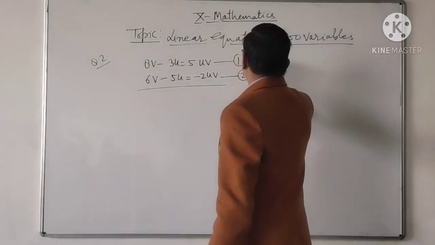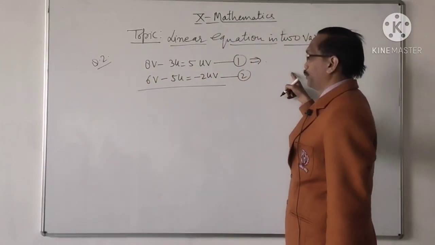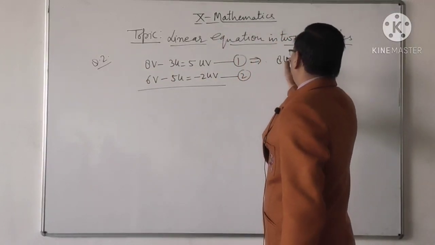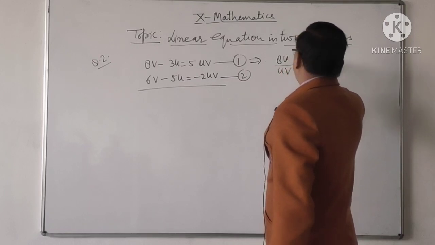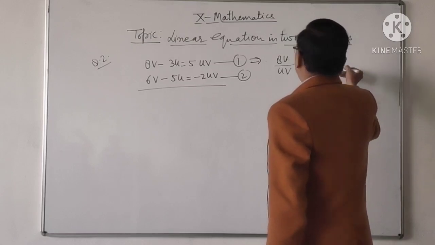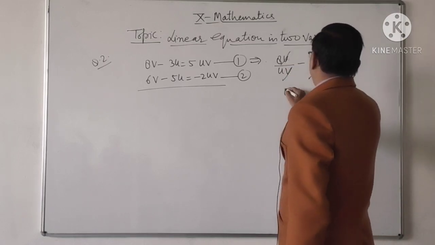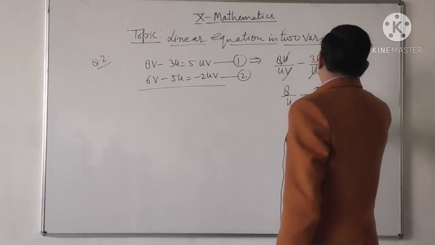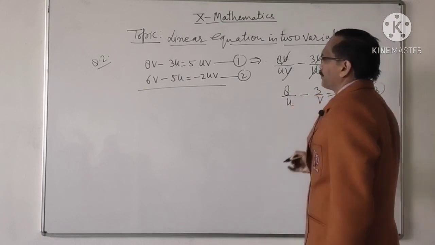There is one method. We can divide the whole equation by uv. Then it is 8v upon uv minus 3u upon uv equal to 5. Here v cancels, here u cancels. So 8 upon u minus 3 upon v equal to 5. Let this be equation 3.